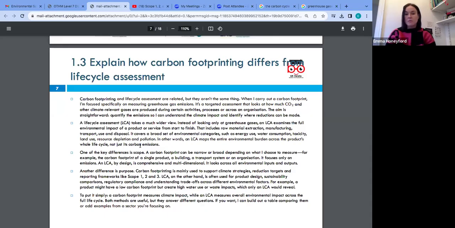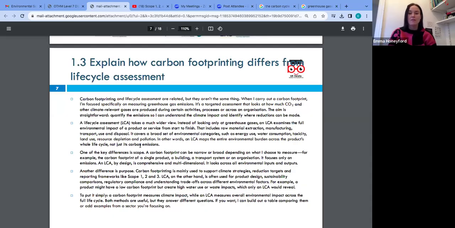So another key difference is purpose. So carbon footprinting is mainly used to support climate strategies, reduction targets and reporting frameworks like Scope 1, 2 and 3. In contrast, an LCA is often used for product design, sustainability comparisons, regulatory compliance and understanding trade-offs across different environmental factors. So for example, a product might have a low carbon footprint but create higher water use or waste impacts, which only an LCA would reveal.